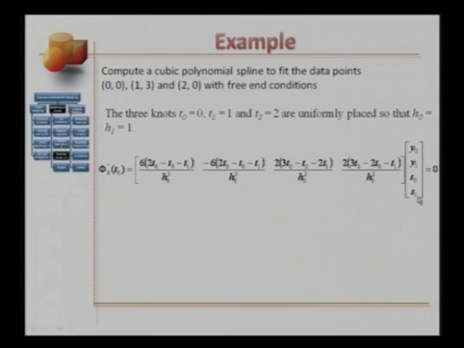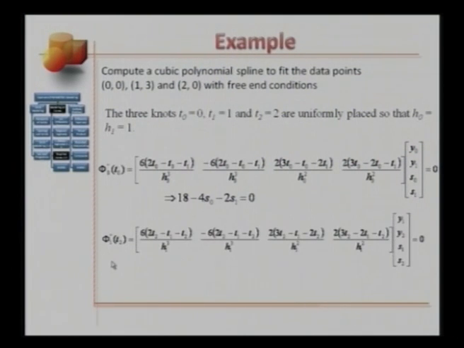The column vector here will have entries y0, y1, s0 and s1. We know what y0 is, what y1 is, and s0 and s1 are unknowns at this time. We'll have an equation that will say 18 minus 4 times s0 minus 2 times s1 equals 0.